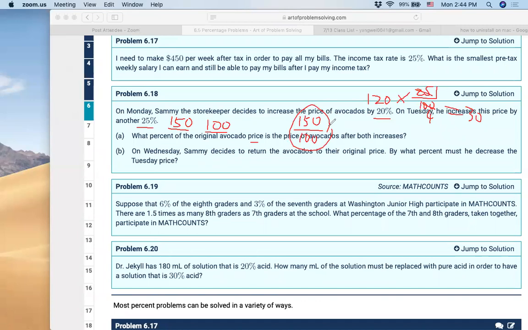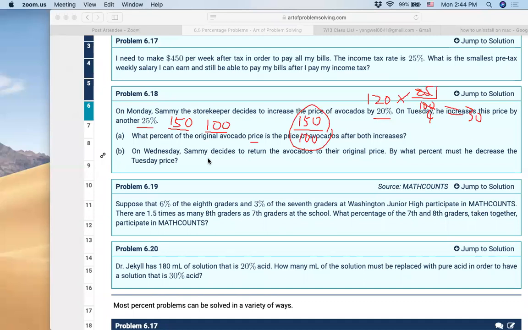So May and Lily both got this one correct. Now let's see part B. Say on Wednesday, Sammy decided to return the avocado to the original price.